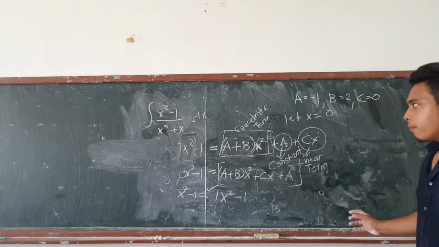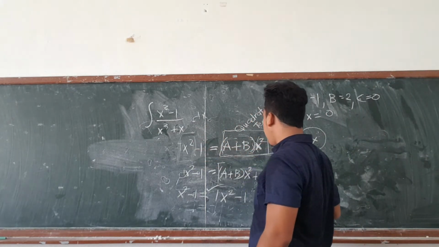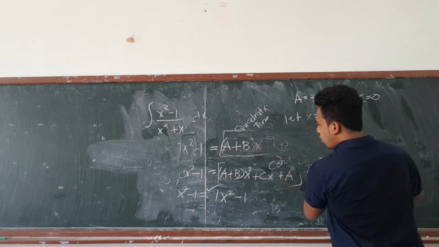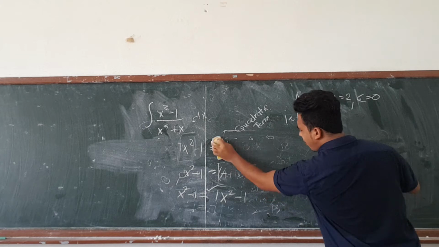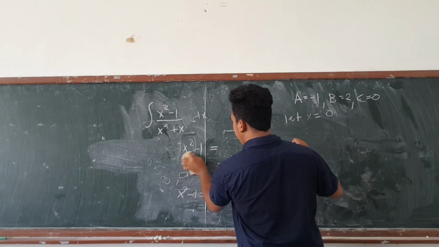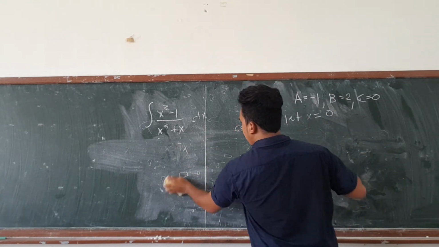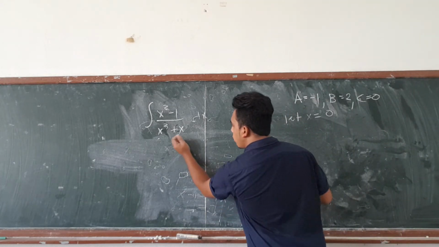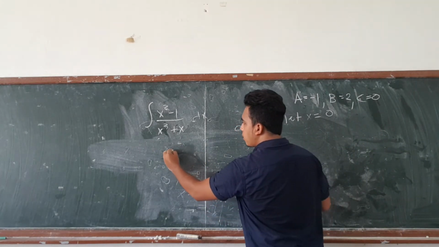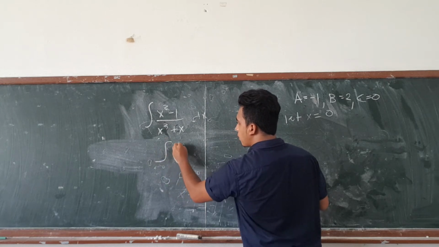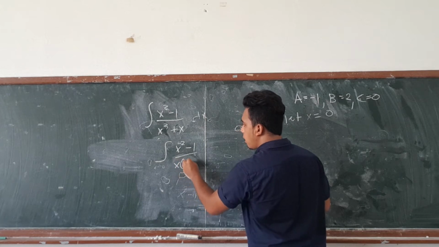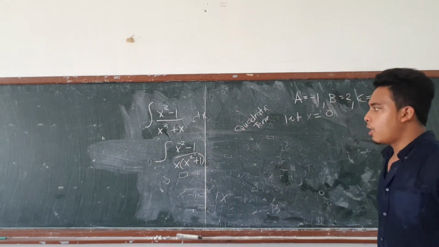Okay? Going back to the integration process, so that would be to integrate that expression rather, is by using the partial fraction. So ito, that is the integration of x squared minus 1 over x and x squared plus 1. Tama ba?